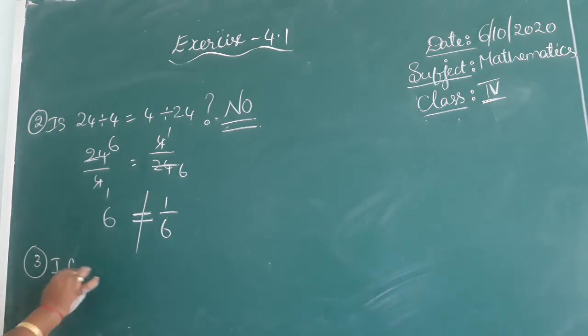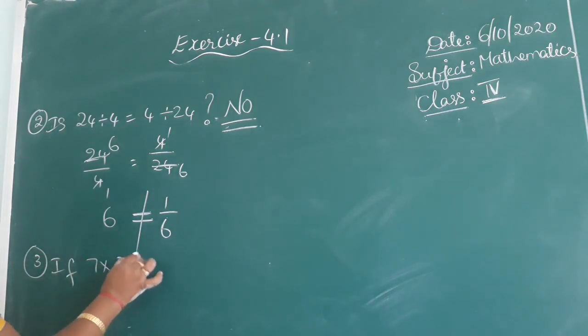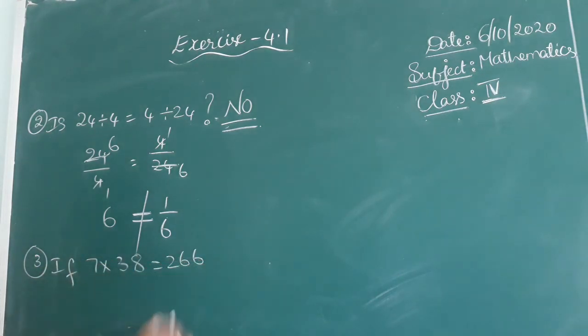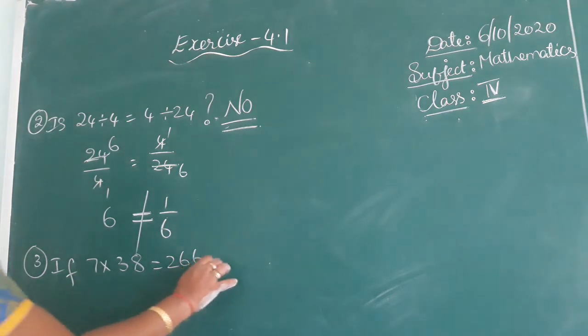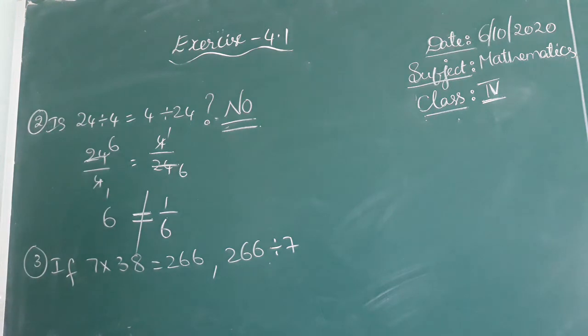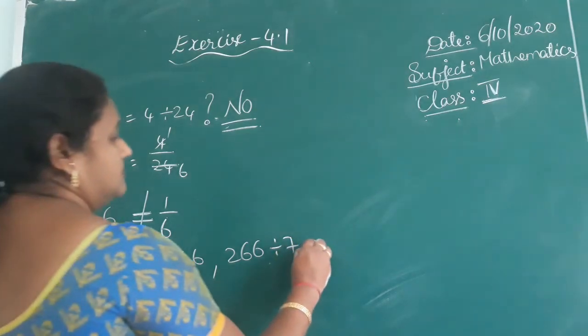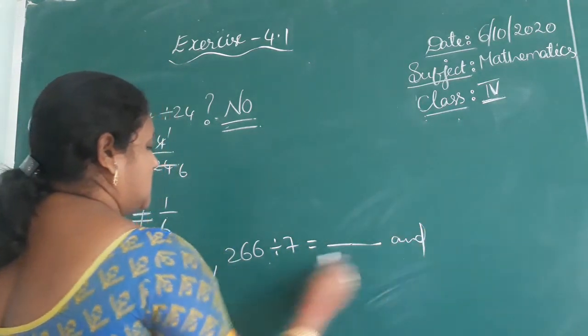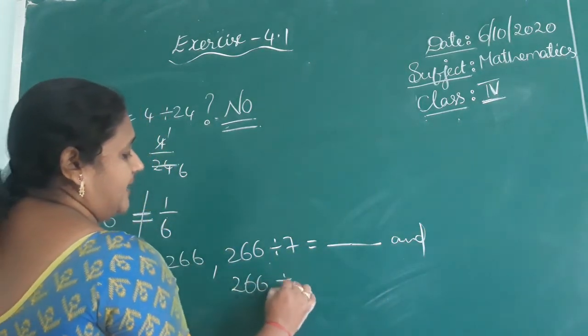See the third one. If 7 into 38 equals 266, then what is 266 divided by 7, and what is 266 divided by 38?